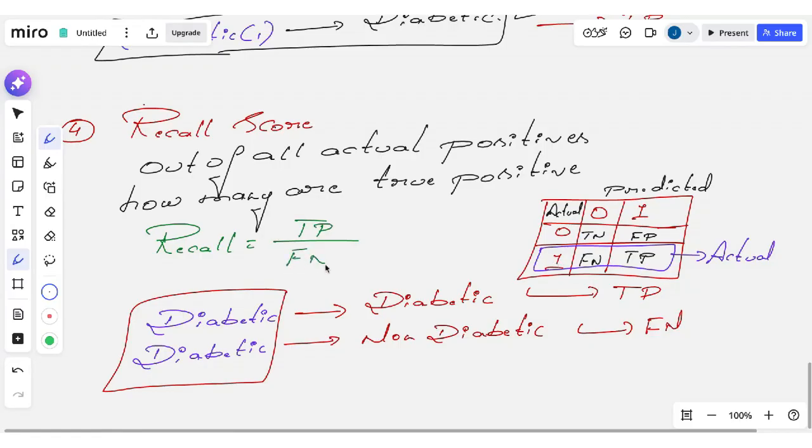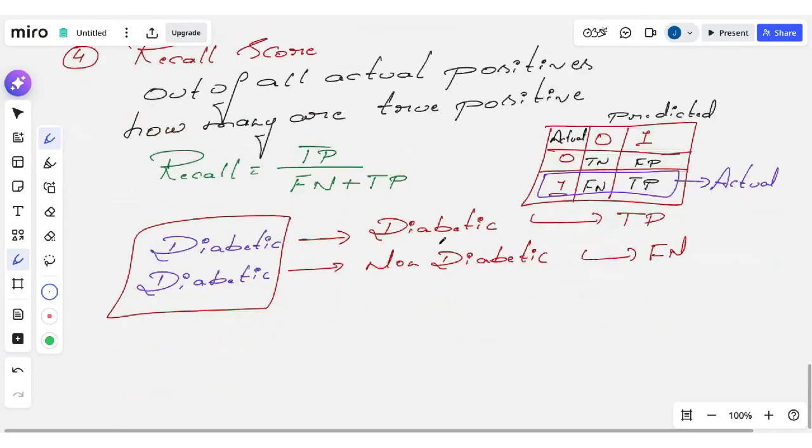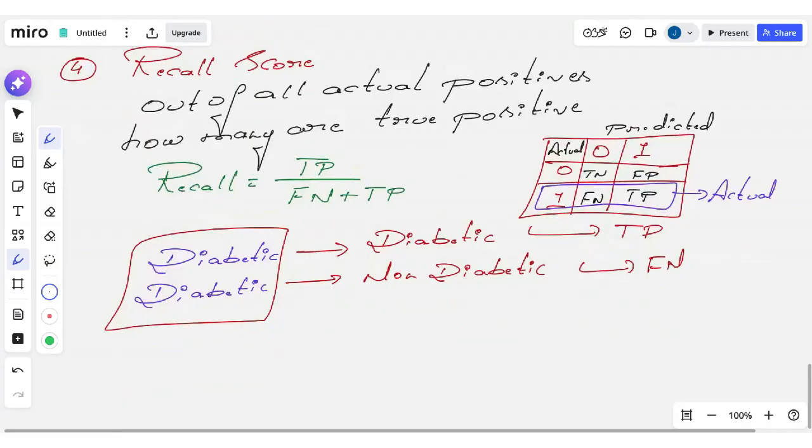So false negative and true positive. That's it. Actual positives in the sense among all the diabetic patients, how many diabetic patients are classified as diabetic? Because there are two possibilities. Your model can predict a diabetic patient as diabetic, and there is also a chance that a diabetic patient can be predicted as non-diabetic. So among all diabetic patients, among all actual positives, how many are truly positive? Getting it?